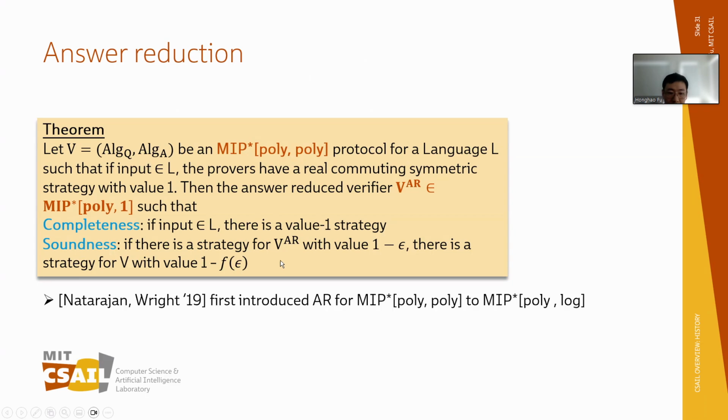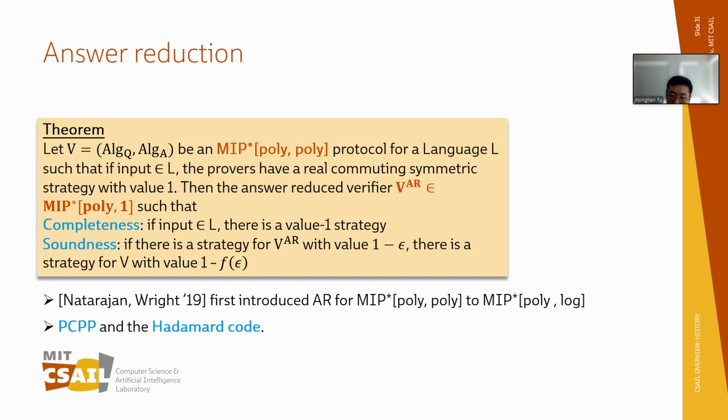And then we generalize. Natarajan and Wright gave the first answer reduction. They reduce poly to log, and they use the low-degree code as the error correcting code. We improve on that by using the Hadamard code instead. The Hadamard code is a code where you encode an n-bit string by taking the inner product of this string with all the n-bit strings.